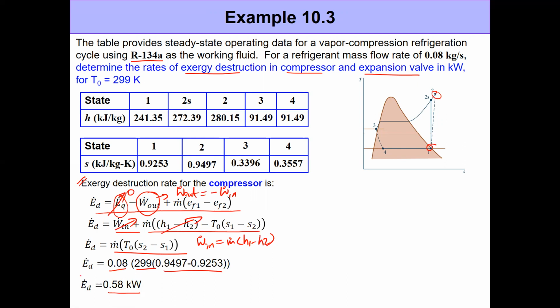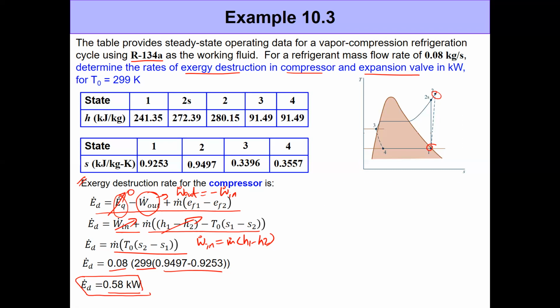So when you have calculated this value, you already know that the exergy destruction for the expansion valve should be lower. If it comes out to be higher, you know there's a calculation mistake. When you're doing this calculation, you should always have some idea about what to expect, and which one would be larger. If it's not, then that's a hint for you.